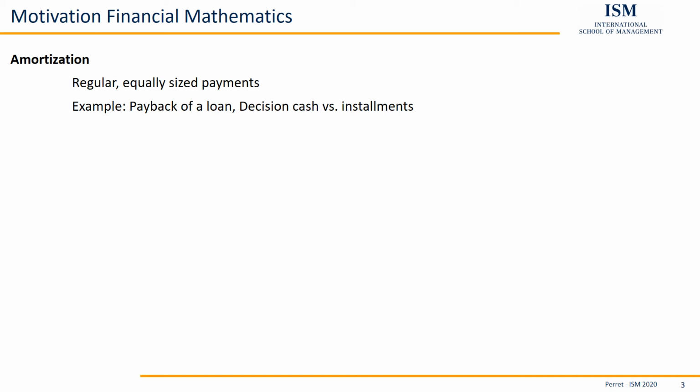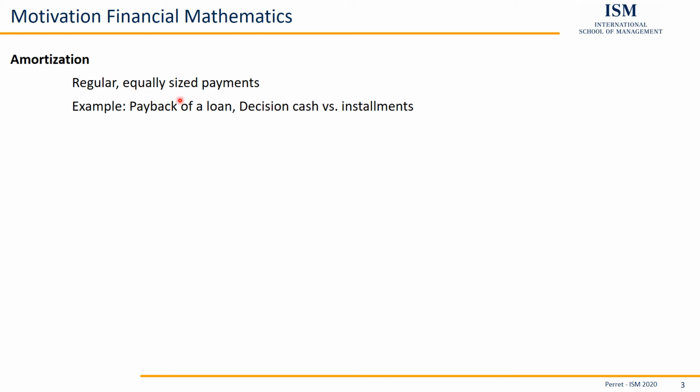If you buy a new mobile phone, you might have the decision: should I pay the whole cost for the mobile phone directly, maybe by getting a consumer credit to afford this money, or should I pay each month a certain additional fee to my mobile provider? Pay for this in installments. So which makes more sense, assuming certain interest rates to be paid?